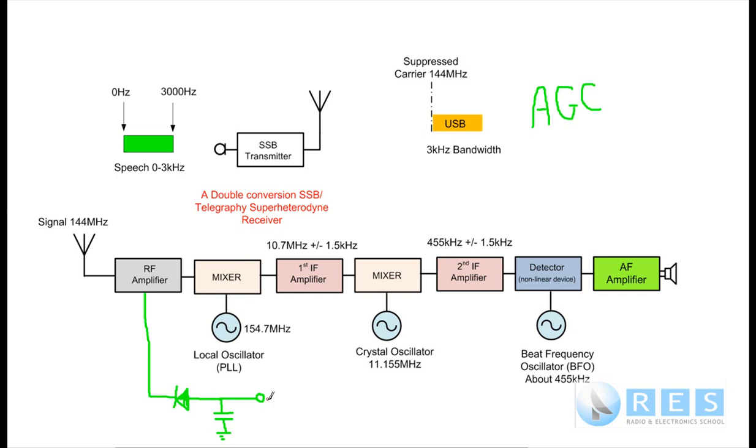And that, just in passing, could be connected to our S meter. So our S meter could work off the AGC voltage.